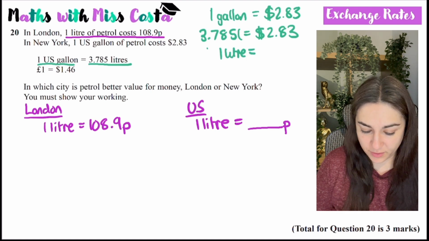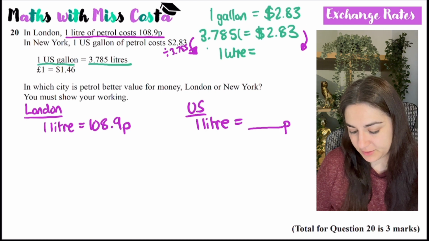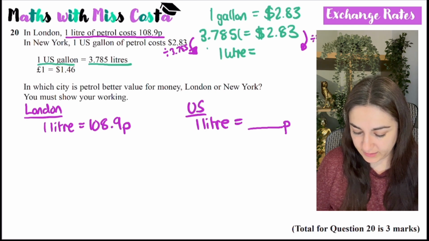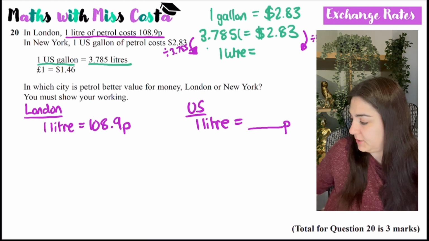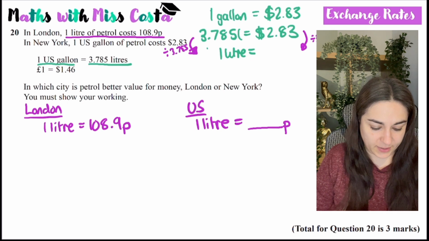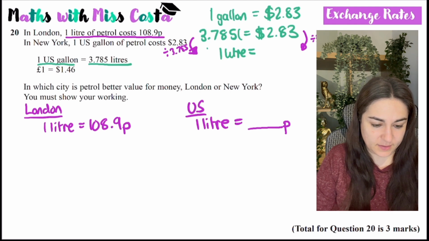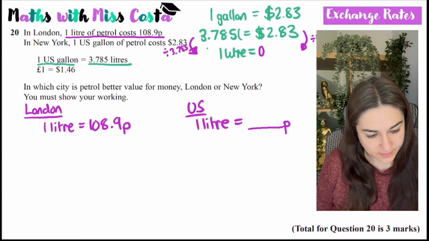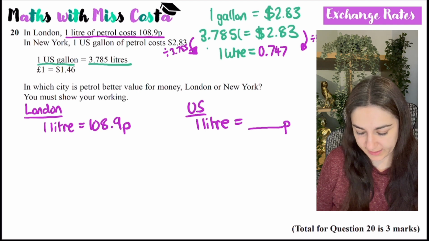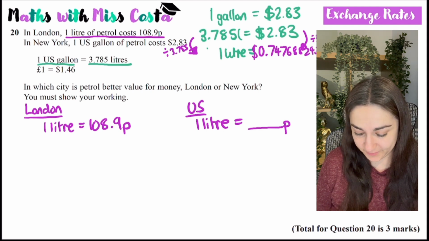So to get from 3.785 to 1, I'd have to divide by 3.785. So I'd need to do the same on this side too. So $2.83 divided by 3.785 gives me 0.7476882431.